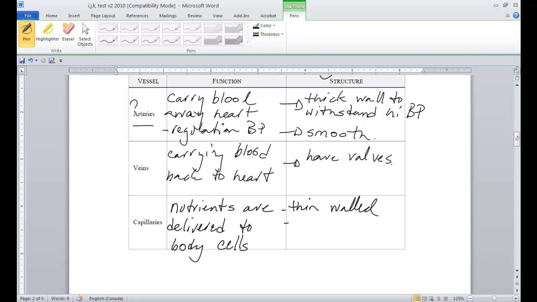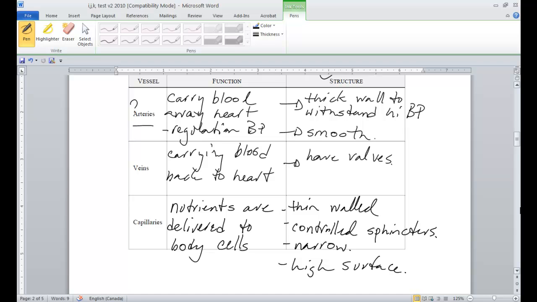Blood flow into them is controlled by sphincters on the arterial side. They are narrow, would be the last one. And they have a high surface area. Many people said that. That would also work.